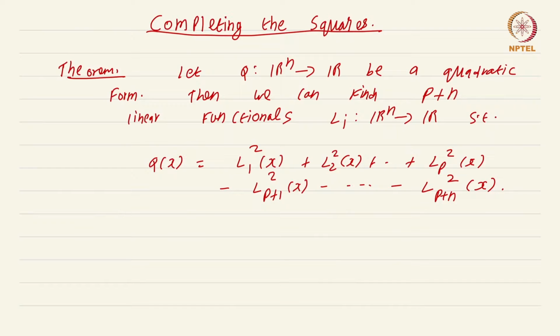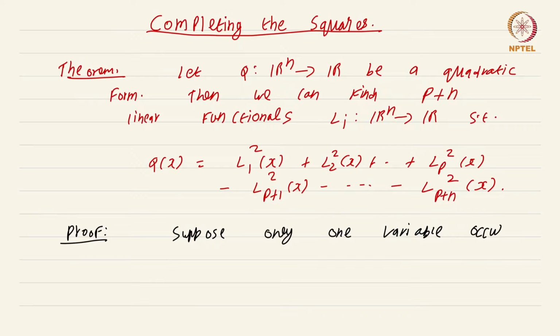Let's go to the proof. The proof, as I said, depends on a completion of squares. The formal proof proceeds by induction on the number of variables that occur in Q. So suppose only one variable occurred in Q. In that case, Q of x has got to be plus or minus ai xi squared, where i is one of those numbers from 1 to n.